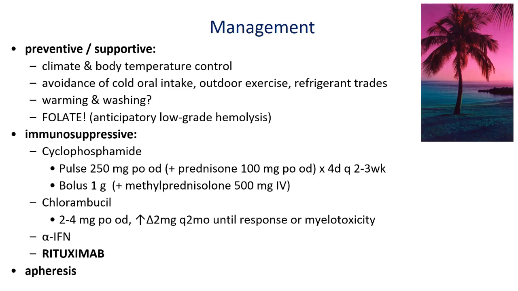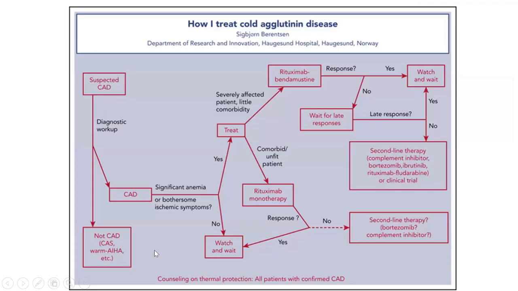Apheresis is handy at skimming off IgM because, again, its intravascular confinement makes it very accessible for a good kinetic removal. This visual abstract from another Blood review paper on cold agglutinin disease shows again the central position of rituximab today, with or without bendamustine. And you can see that second line are a number of complement inhibitors or other myeloma cannon borrowed therapies.